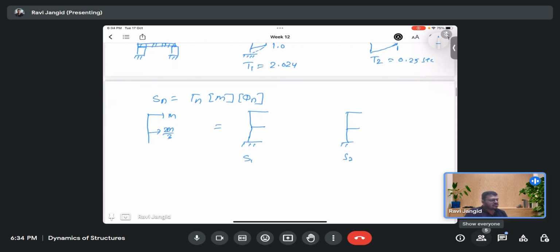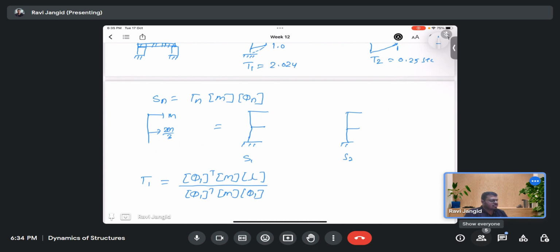To find S1, S2, we first need the participation factor. Can you give me the participation factor? Phi 1 transpose mass matrix times L divided by phi 1 transpose mass matrix phi 1.